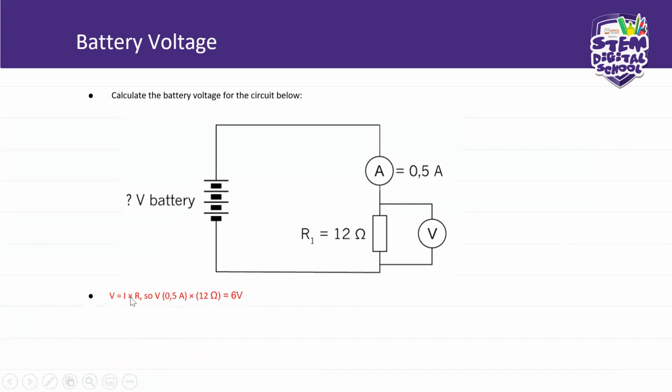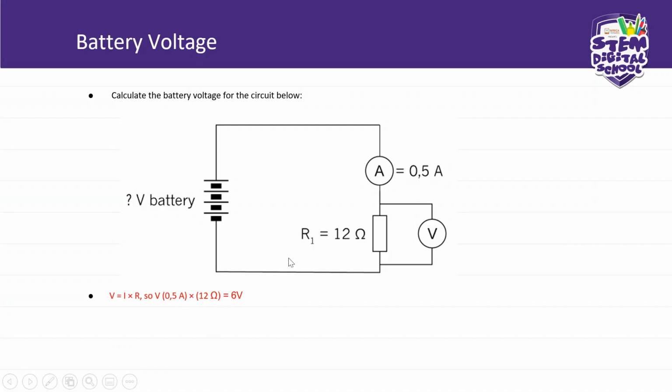Okay, that's the calculation. Voltage is equal to current multiplied by resistance. So voltage, which is the current of 0.5 amps, multiplied by 12 ohms, which is the resistance.